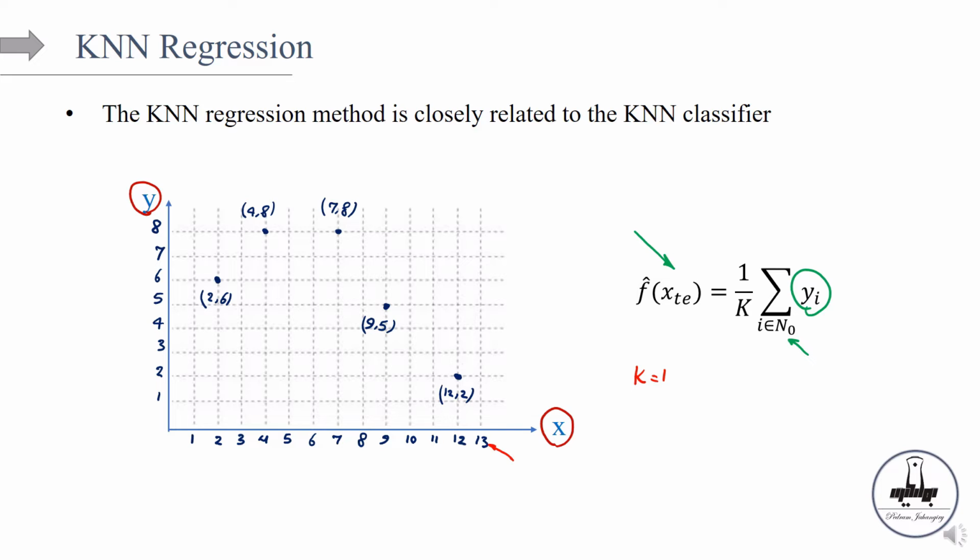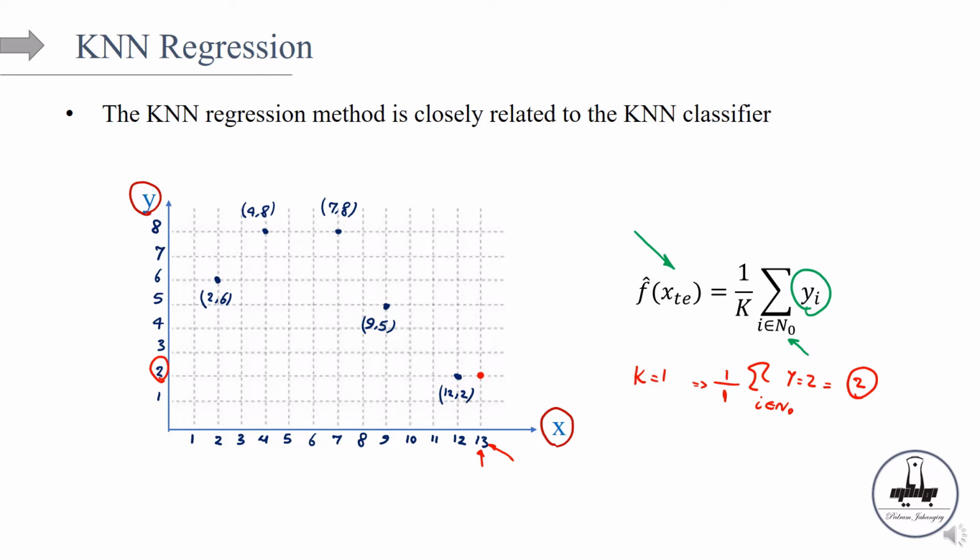The f hat is going to be 1 divided by k, which is 1, times the summation of the yi's in that neighborhood. So what is the value of y here? The value of y is going to be 2, so if x is equal to 13, then the prediction is going to be 2 if the number of neighbors is 1.